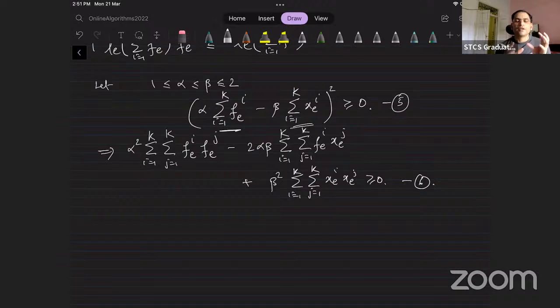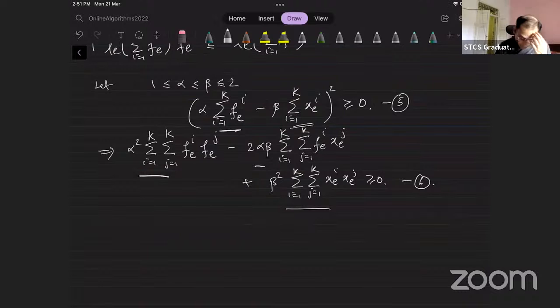Somehow try to find some succinct way of representing your cost, multiply that with some alpha, try to find a similar succinct way of writing the cost of any other algorithm, which includes the OPT, scale it up by beta, and take the square of the difference. And that happens to be greater than 0 trivially. And that gives you a starting point of these 1, 2, and 3 terms, which you can eventually compare again. So that is what we are going to do.